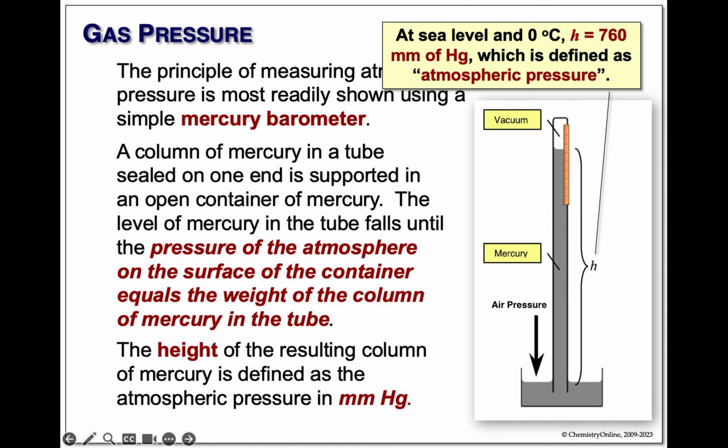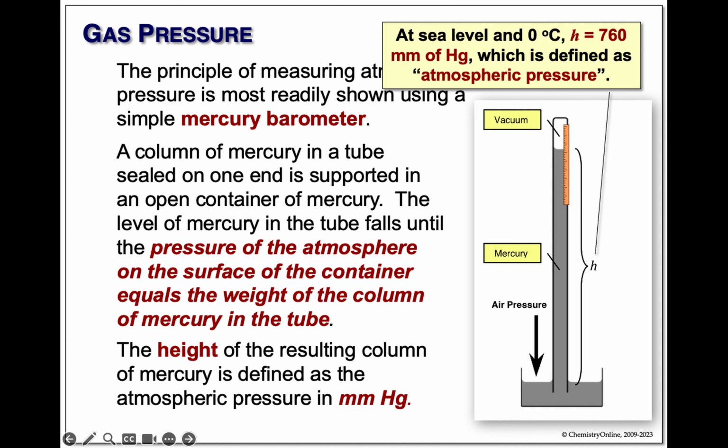What you do is you take this tube, open at one end, and you fill it with mercury. Then you put your thumb over the end, stick it down in this bucket of mercury, and let go. Mercury's heavy, it falls, makes a vacuum at the top, and it settles on a height.